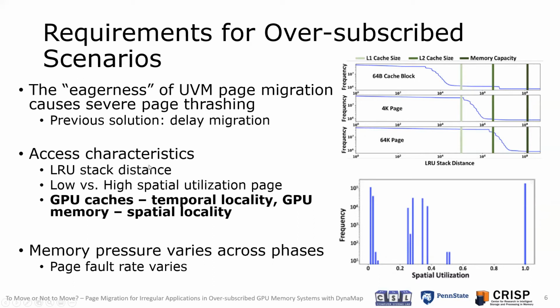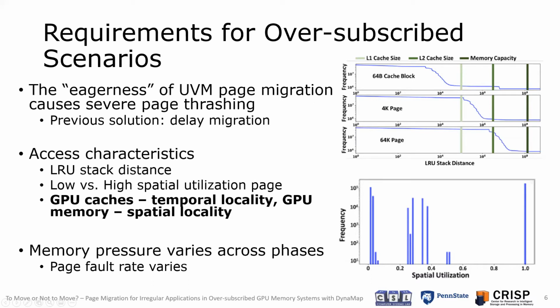Instead, only migrate pages with high spatial usage. In other words, we use GPU caches for leveraging temporal locality and use GPU memory for those pages with high spatial locality.